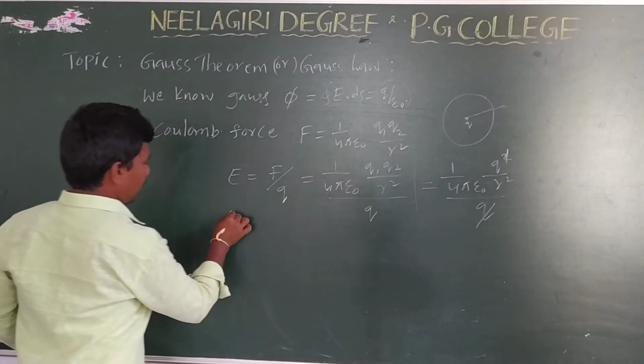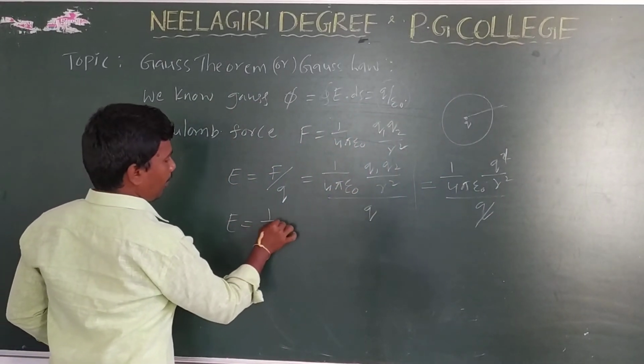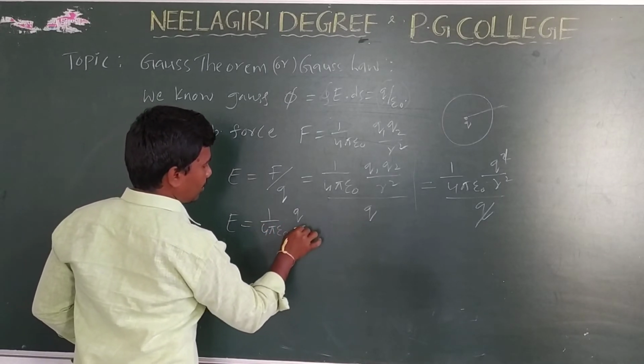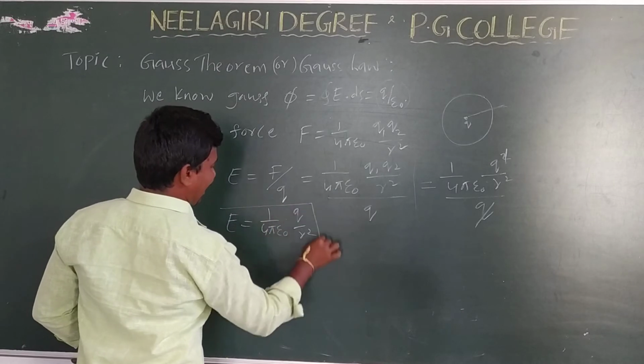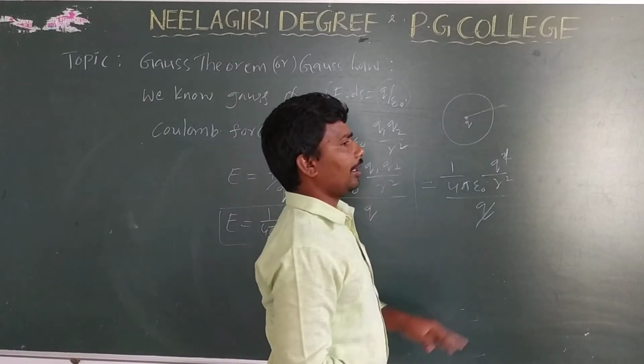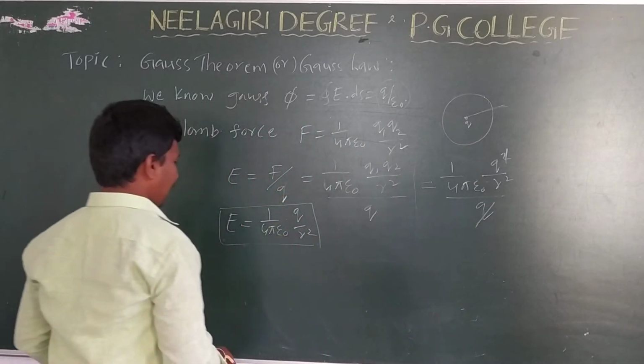We get E is equal to 1 by 4 pi epsilon naught, Q by R square. This is the electric field exhibited by that enclosed charged particle.